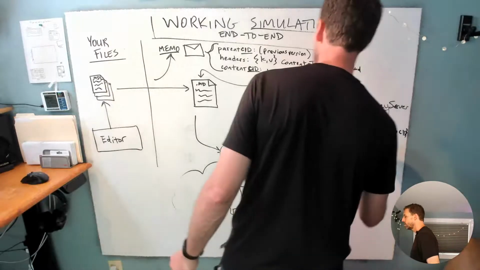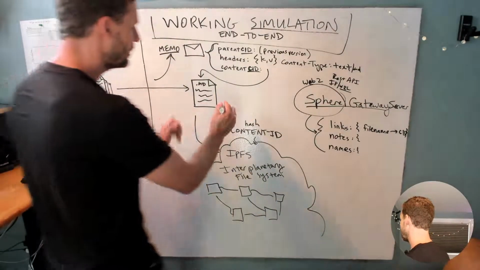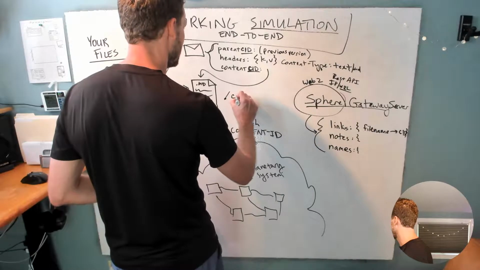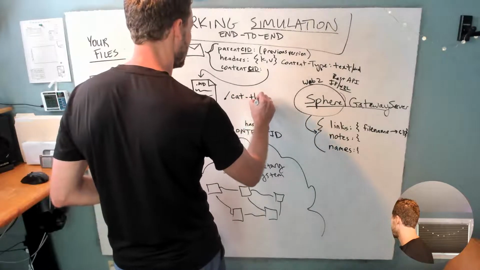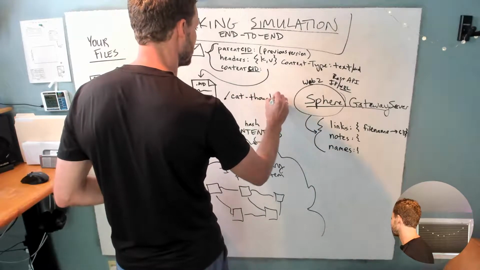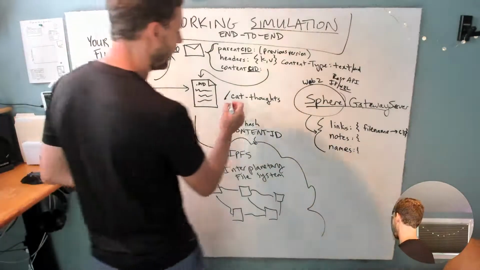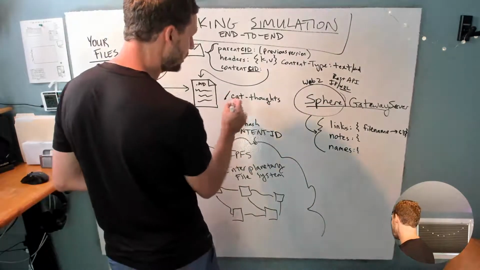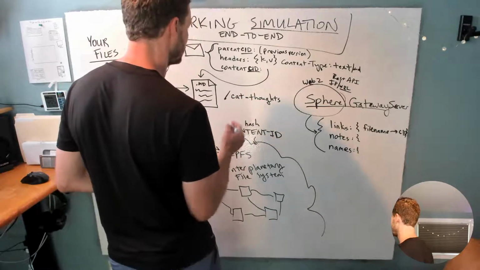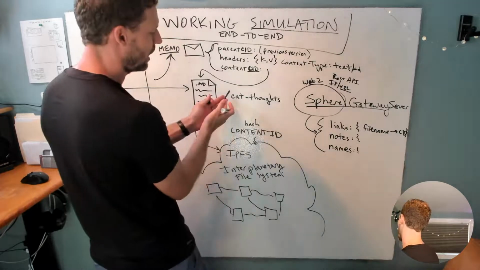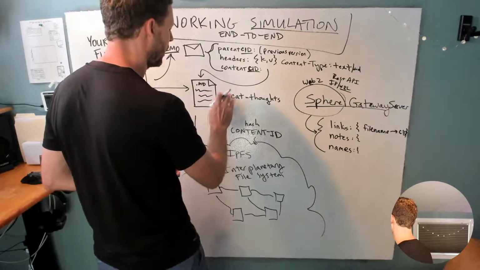But the point is, when this markdown file comes in, I'll use what has now become the canonical example, from the explainer doc. Let's say that this markdown file is called cat-thoughts.md or whatever. So the title of it is cat-thoughts. And I put this root here just to indicate that you could just mark it off, whatever.